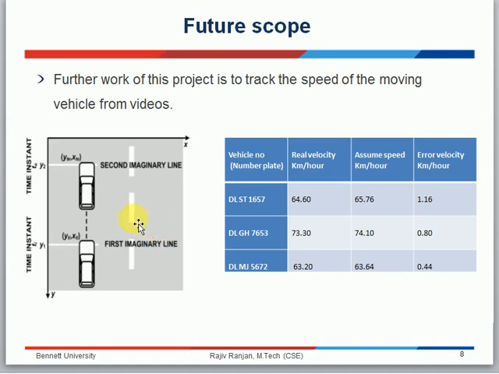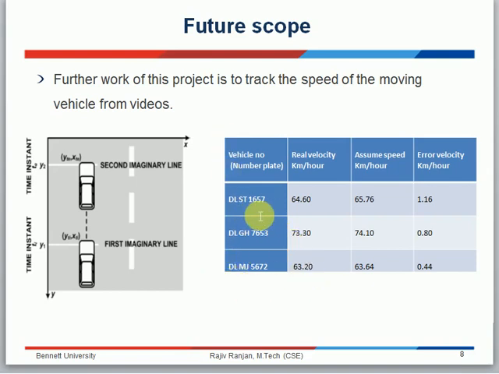I will put two imaginary lines on the highway, and I will calculate the entry time of the vehicle through the first imaginary line, and also calculate the exit time through the second imaginary line. Then with the help of a certain formula I will get the speed of that vehicle in the video frames, and the GUI output will be here.